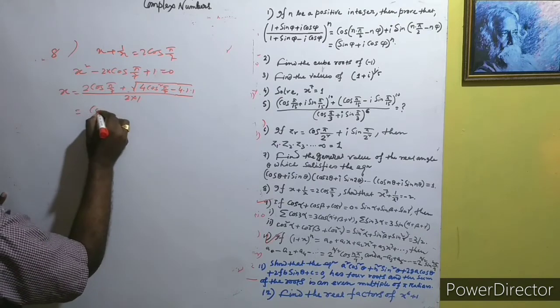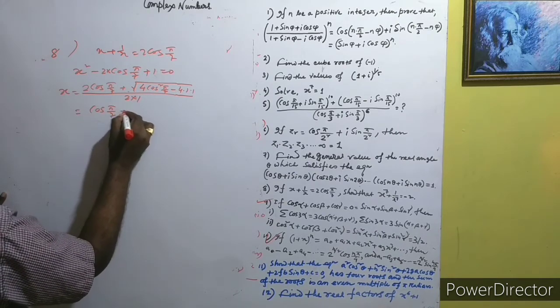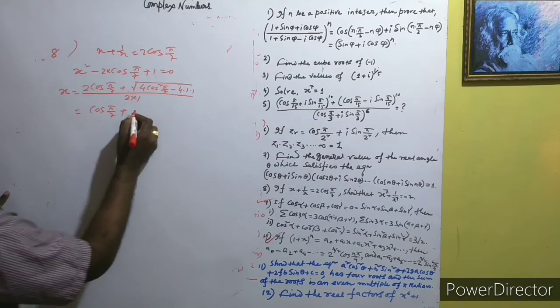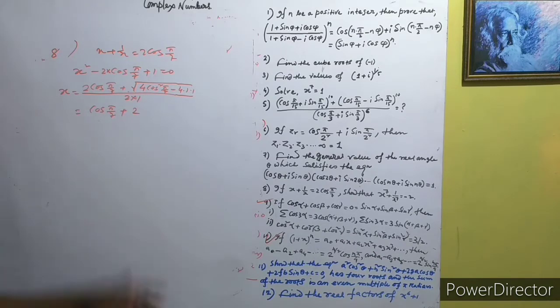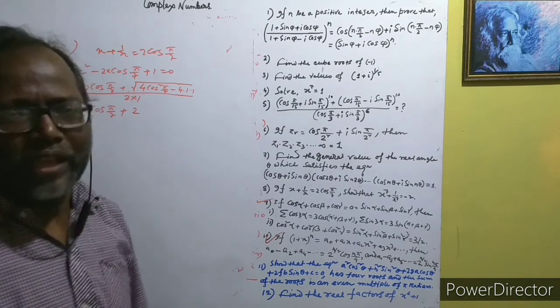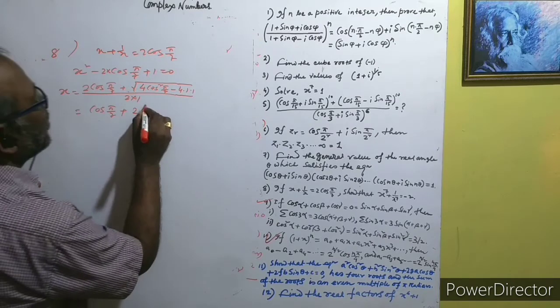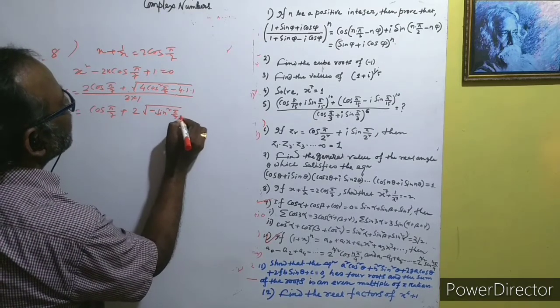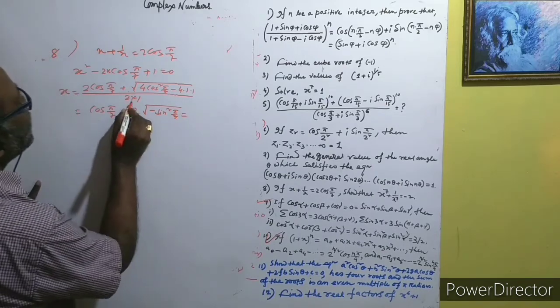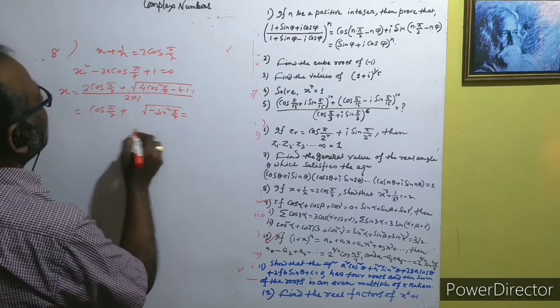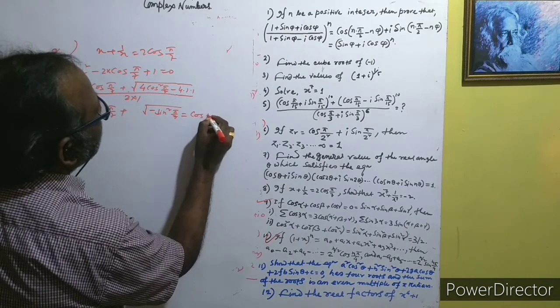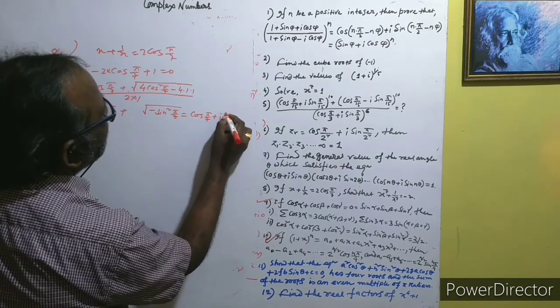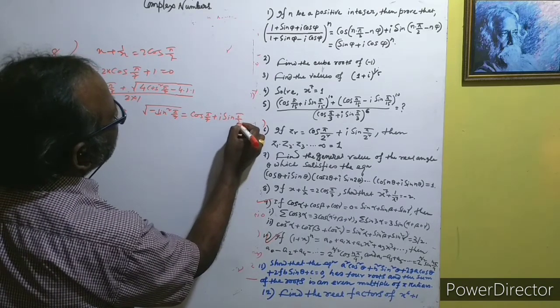If you take a common, that is cos square theta minus 1, under root there is minus sin square, so this is here minus sin square pi by 7. So you can write 2 divided by 2. Okay, now we can write here cos pi by 7 plus i into sin pi by 7.